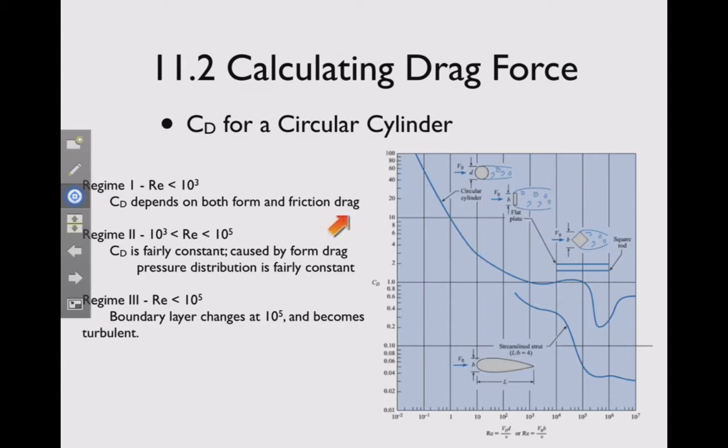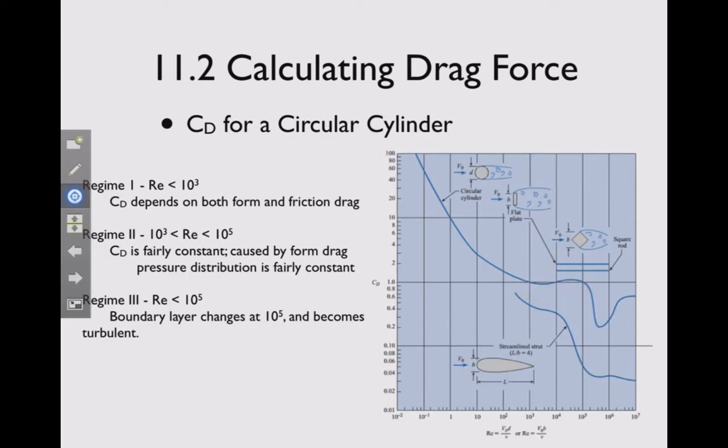Since it depends on friction drag, we see a very large dependence here. The friction drag is quite large for low Reynolds numbers. And then we reach a regime where, as I mentioned before, this is fairly constant. This is because it's caused by form drag, and the pressure distribution is fairly constant through this area.